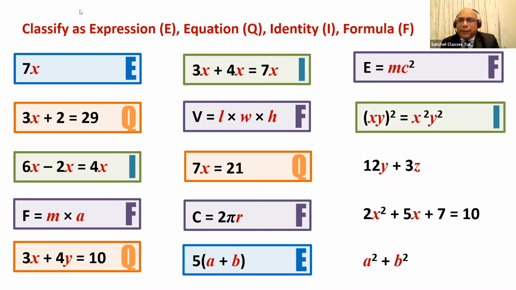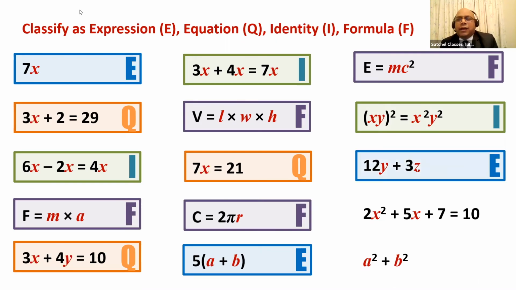What about 2y plus 3z? Clearly, no equal to sign means it's an expression. 2x squared plus 5x plus 7 equals to 10, right? That's a quadratic equation. So left hand side and right hand side will not always be equal. It's not a formula either.